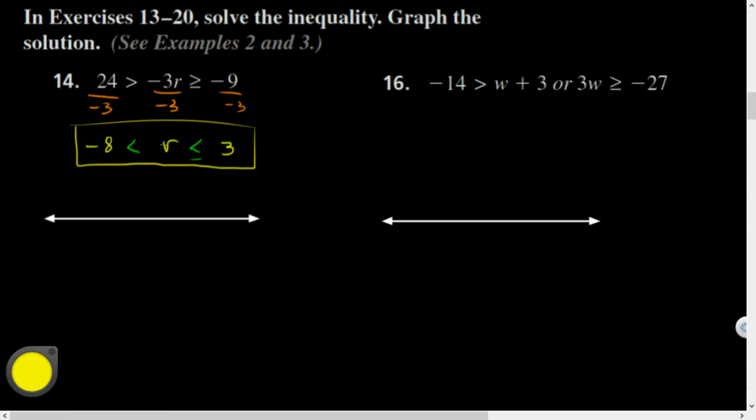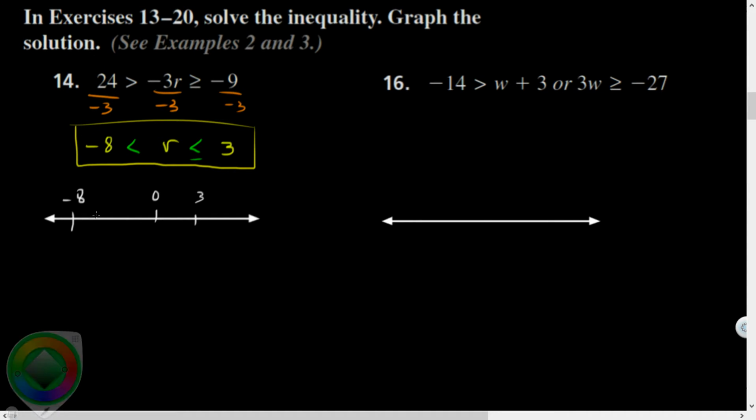And notice that in the inequality, algebraically, the r is between those numbers. And graphically, my shaded region will be between those numbers. Okay? So that's a way you could think about it. So here's -8, 0, and 3 is not going to be quite as far as -8 was, but it'll be to the right of 0.